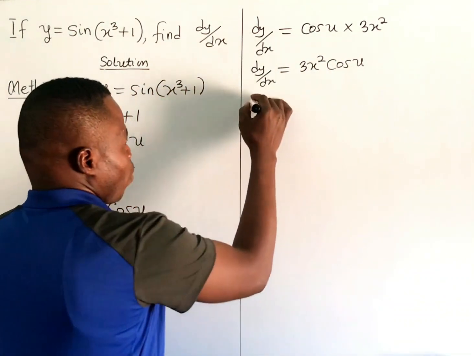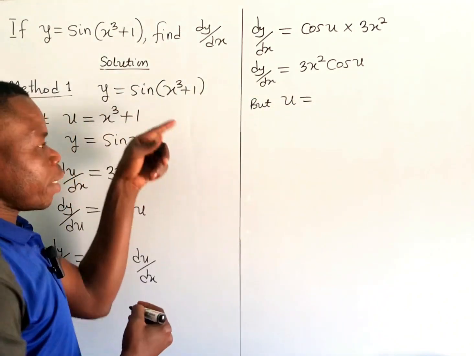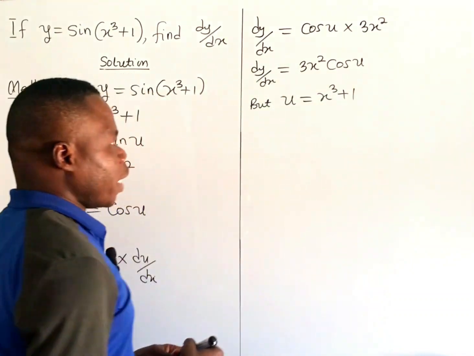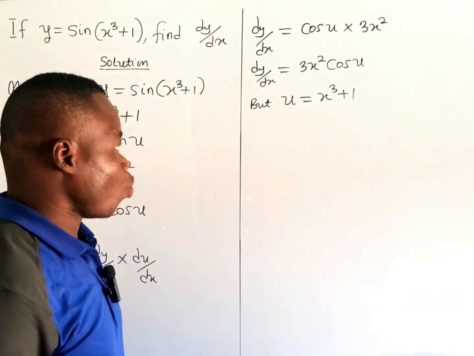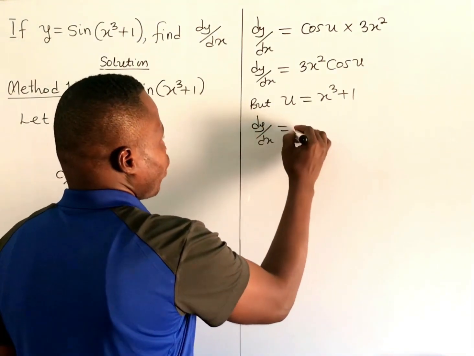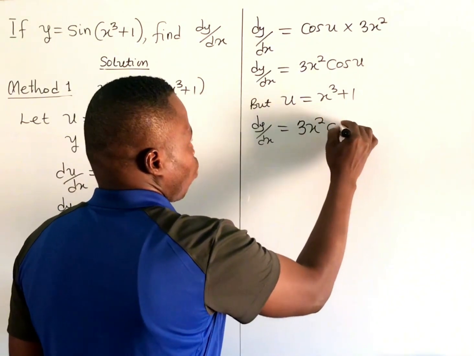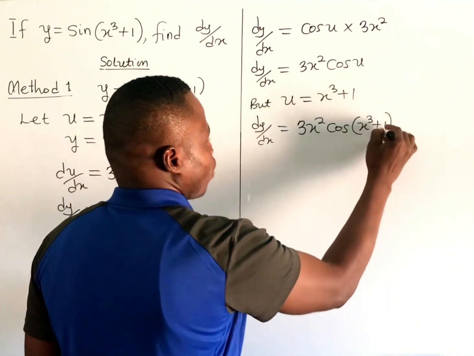But we know that u is equal to x cubed plus 1. So I will now write it x cubed plus 1. That means that wherever we see u here, we are replacing it with x cubed plus 1. Therefore, dy dx will be equal to 3x squared cos of x cubed plus 1.